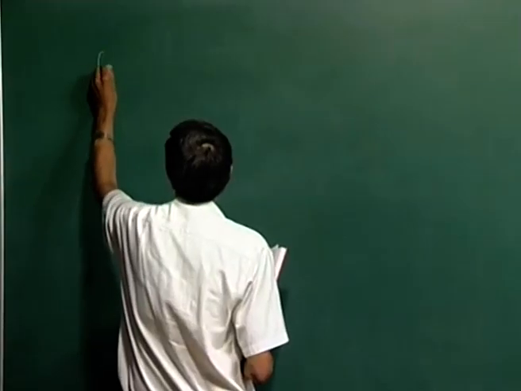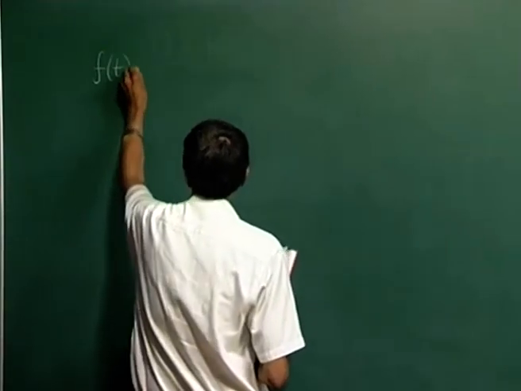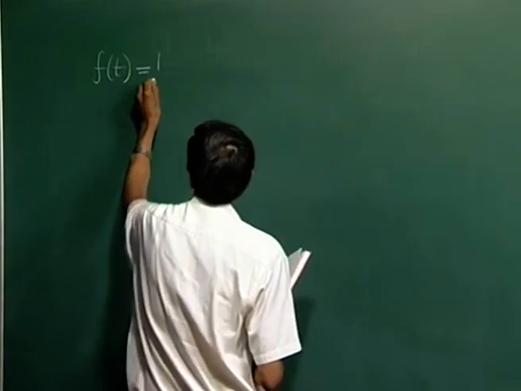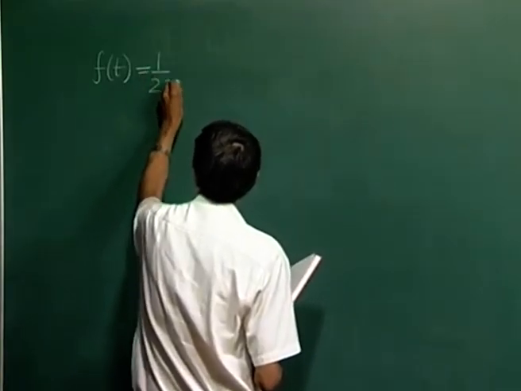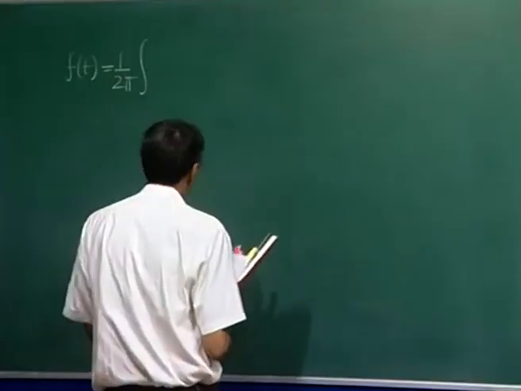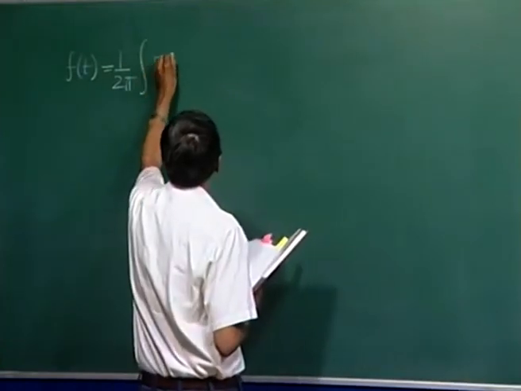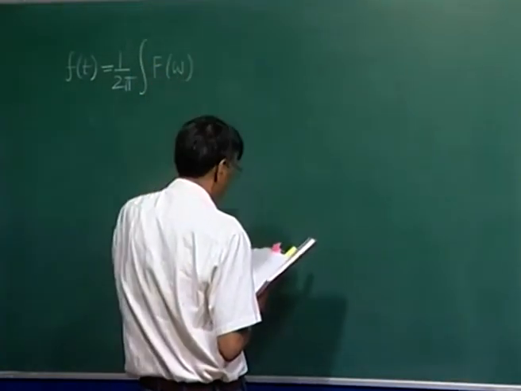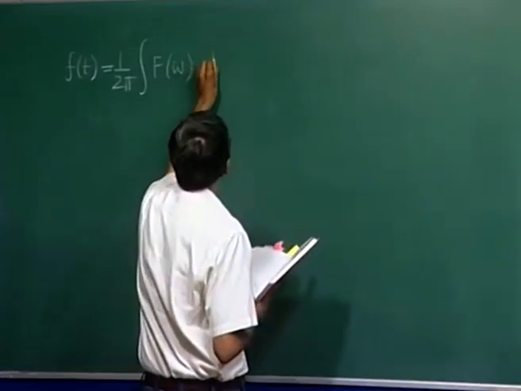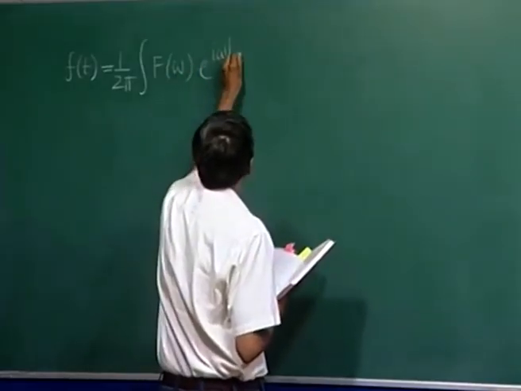Say I talk about a function f of t, given by the inverse transform. What we do is we take this direct transform f of omega and perform this integral, e to the i omega t d omega.